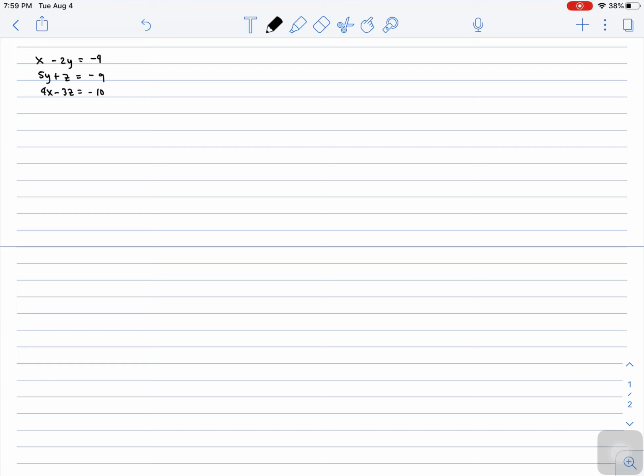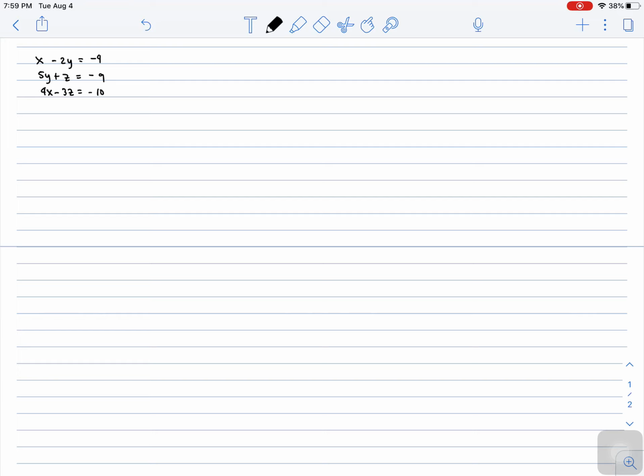Second is y as the pivot, the coefficient of y is 5, so non-zero. Then the third pivot is negative 3, which is also non-zero. So we can proceed with the method.